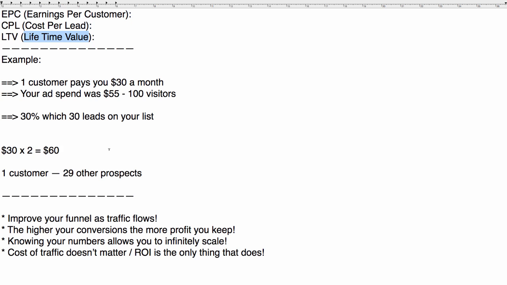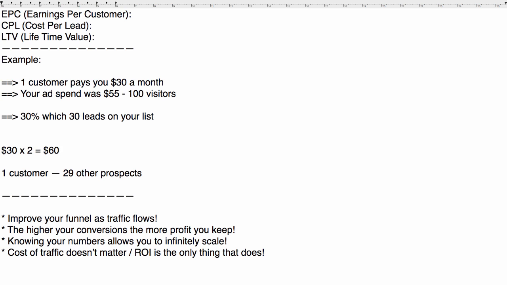And now you know the average lifetime of each member. And once you know that information, it is dangerous, you can infinitely scale up, because you don't have to be scared. You don't have to be gun shy and say, well, I'll just try 100 clicks now and let's see how it goes. No, you can do 1,000 clicks, because these numbers won't lie. They'll show up every single time.